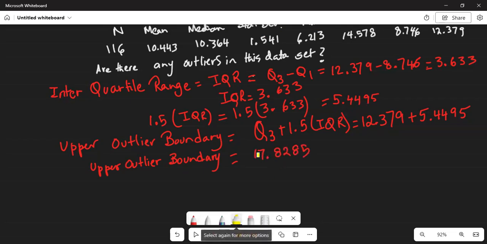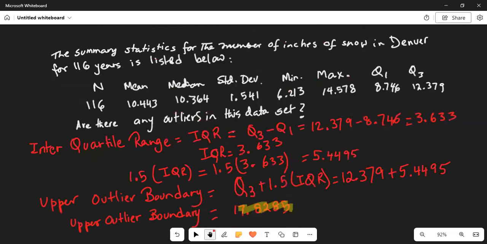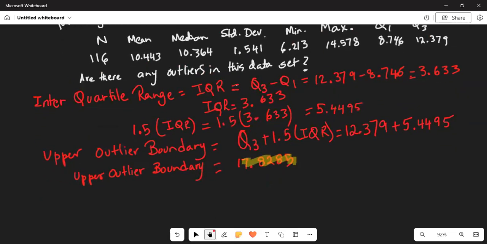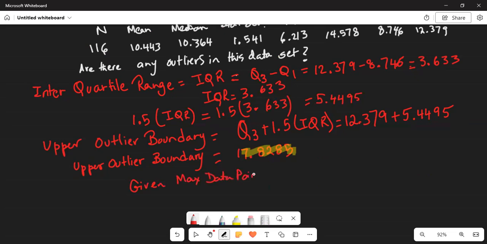Let me highlight that, 17.825, and compare that with the maximum. If I move up a little bit, you will see the maximum is 14.578. So the given maximum data point is 14.578.